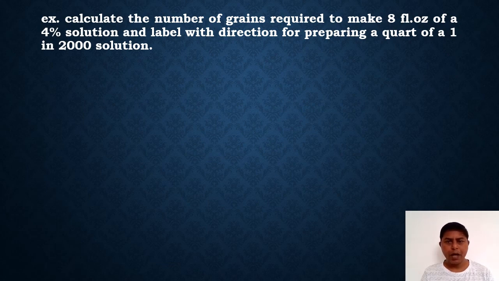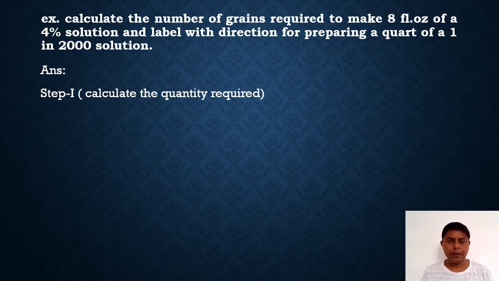The first part says to determine the quantity of solid required to prepare 8 fluid ounce of 4% solution. In the other part, using that 4% solution, you prepare a quart of a 1 in 2000 solution, meaning what volume of 4% solution is required to get a quart of 1 in 2000 solution. Let's solve it.